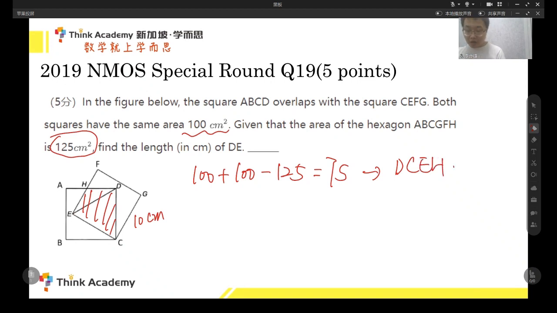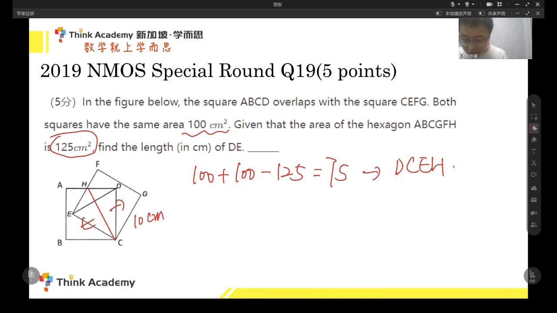So we get that this is the area of DCEH. Now we get the area of the quadrilateral in the middle. Then what else should we do? Then we should think about the fact that this is about squares. Squares have high symmetry, which means if we draw a line CH here, the figure is symmetric for the left and the right of the line CH, right?